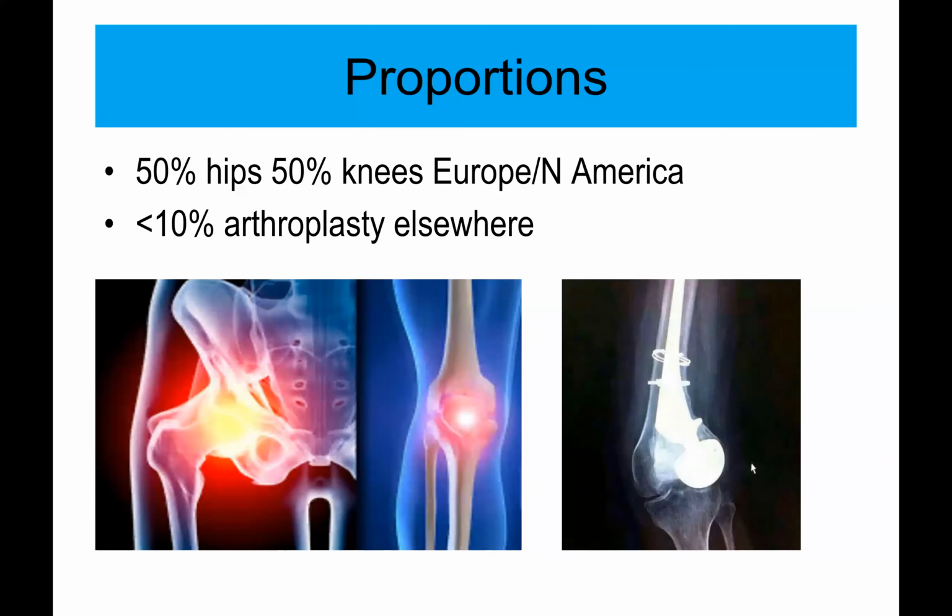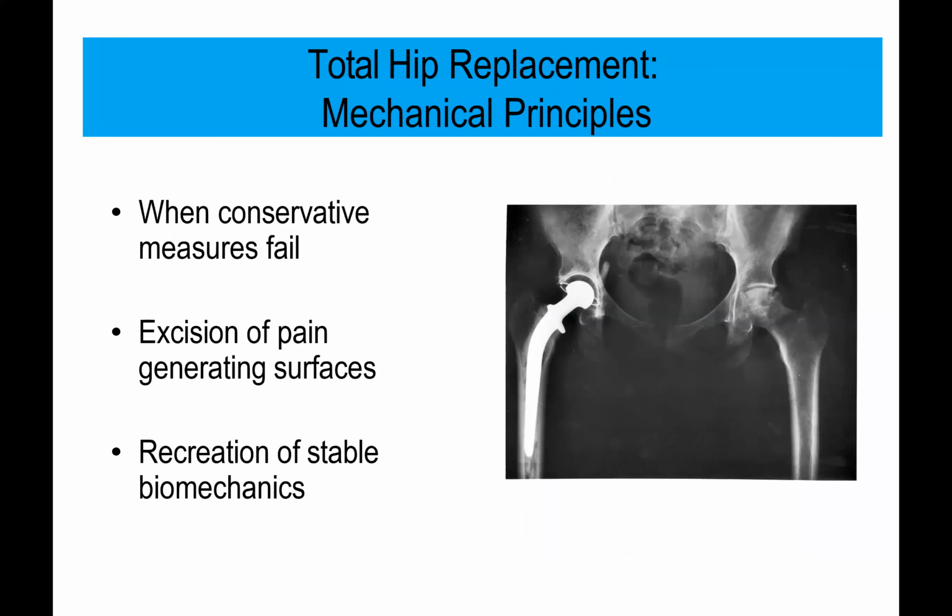So the proportion of cases is 50% hip and 50% knees in Europe and North America, and in other countries it is less than 10%. Like in Doha, we have more knees than hips, and our hip cases are much less. But if you go to the UK or US, the cases are almost the same. And when do you do a total hip arthroplasty?